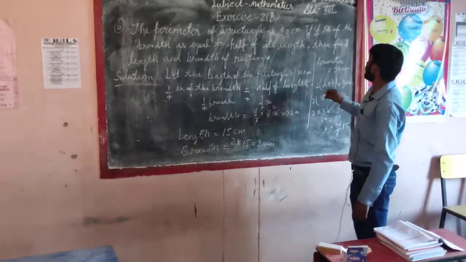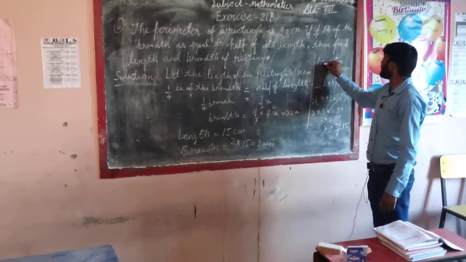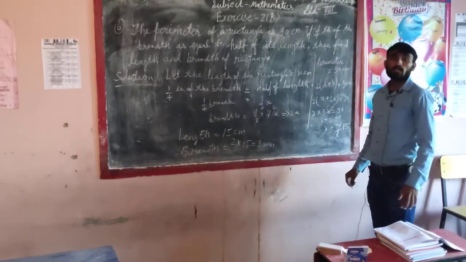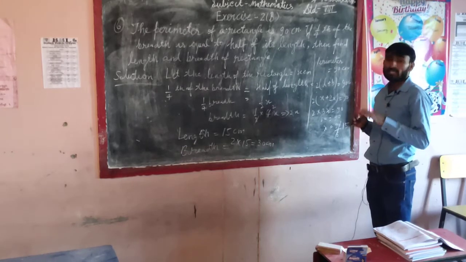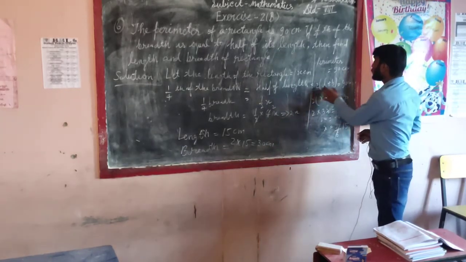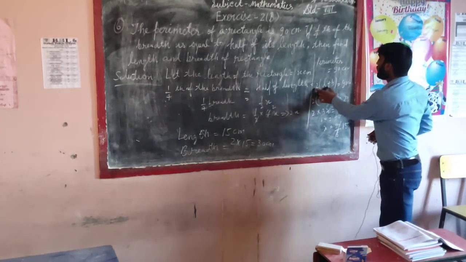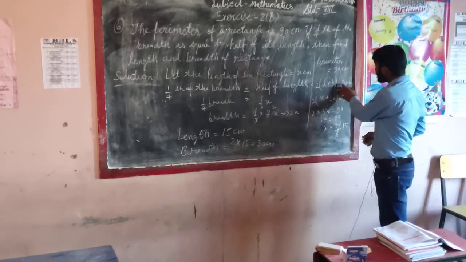Then the perimeter is 90 centimeter. You know very well that the formula for the perimeter of a rectangle is 2 into (length plus breadth). 2 into (length plus breadth) is equal to 90 centimeter.